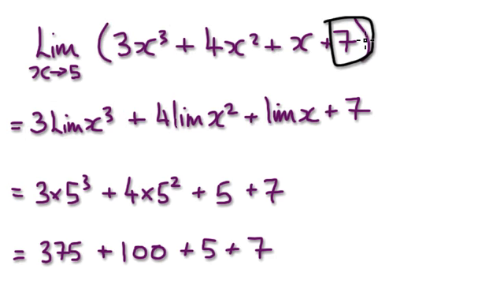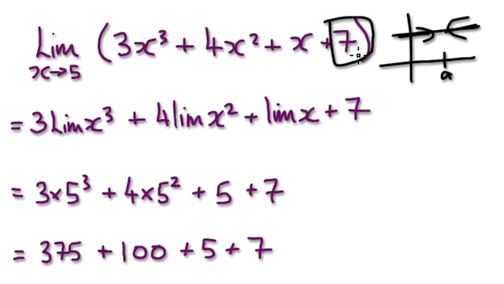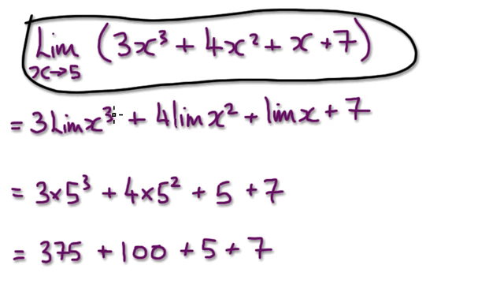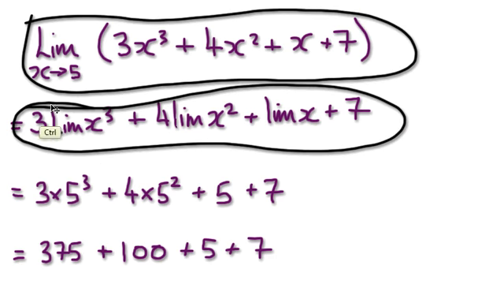And by the way, the limit of 7 you can visualize as the graph of y equals 7. So when you approach, let's say a, it will always be 7. Just remember that. The limit of this as x approaches whatever for the 7 will be 7.